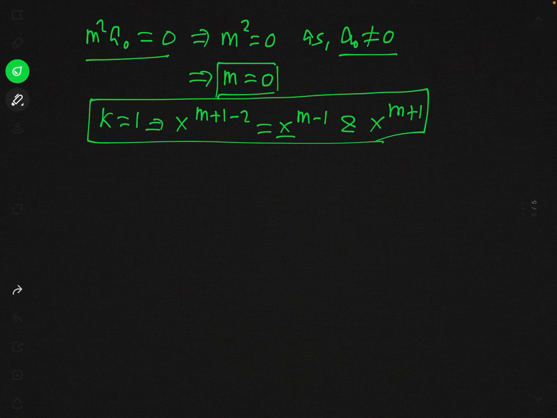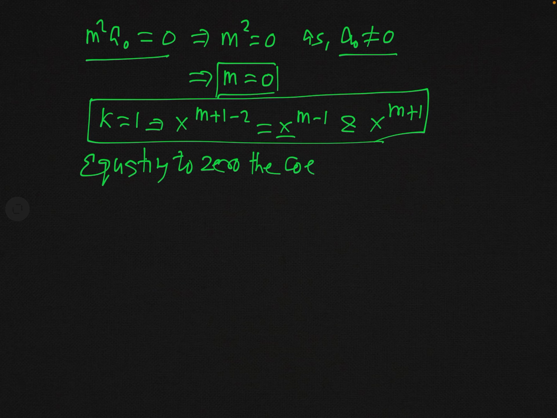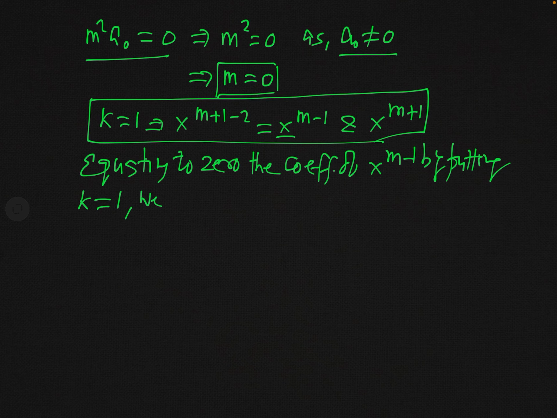So you can say, equating to 0 the coefficient of x to the power m minus 1 by putting k equal to 1.